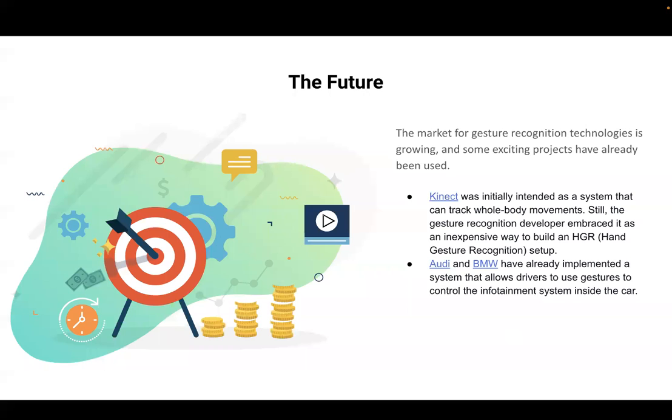But then we're going to talk about the future of gesture recognition. The market of gesture recognition technology is growing, and some exciting projects have already been used. One of the famous ones I can talk about is Kinect. It was initially intended as a system that can track whole body movements.